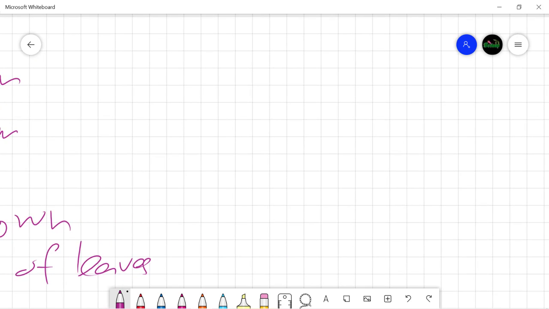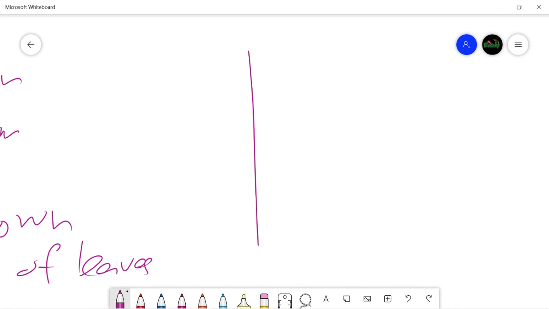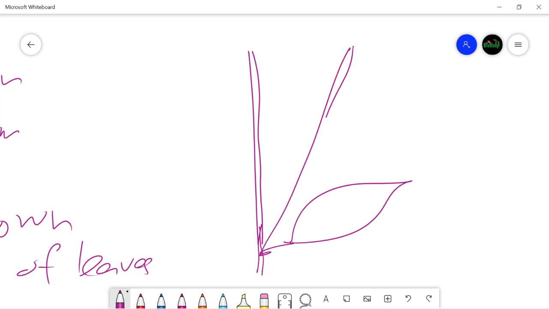So again, let's quickly draw a diagram. This is a stem, and we have node and a leaf, and here's the branch arising with its bud, apical bud. More about buds later in this chapter. And now it has its own set of leaves.